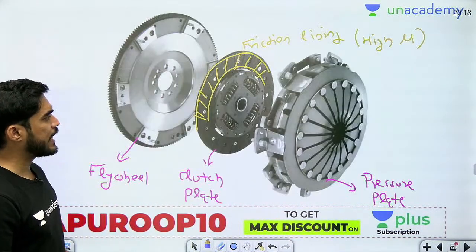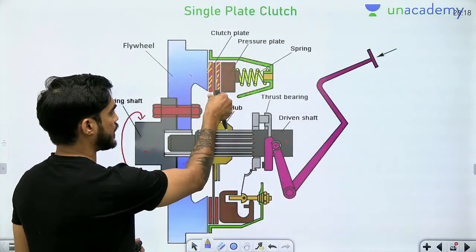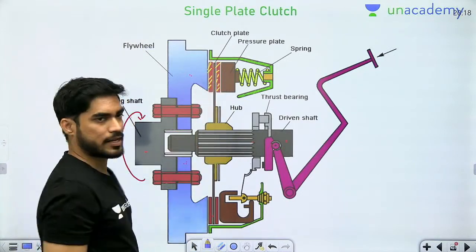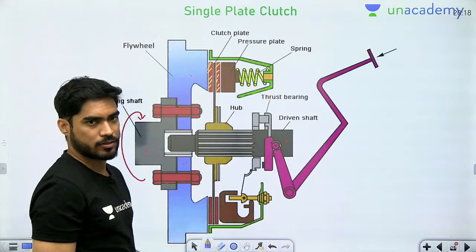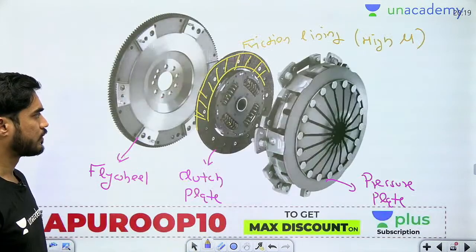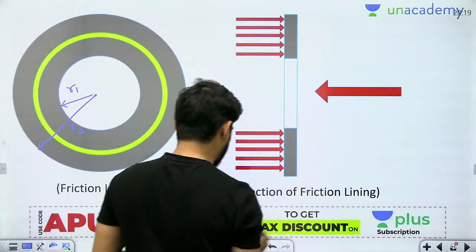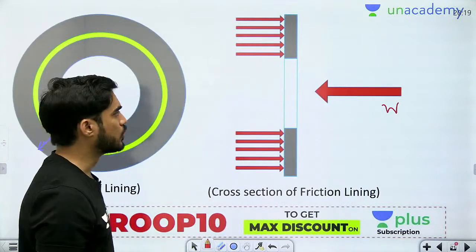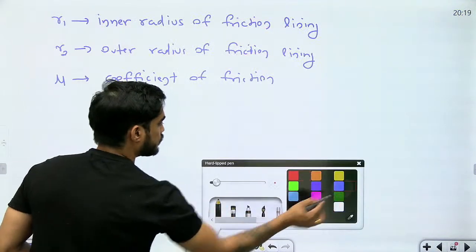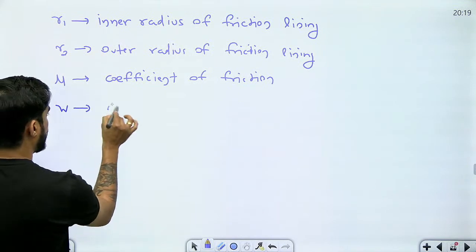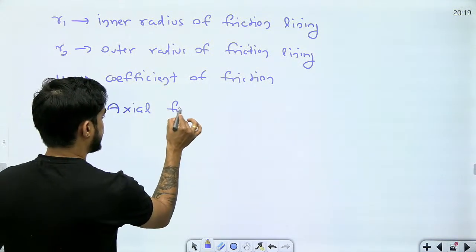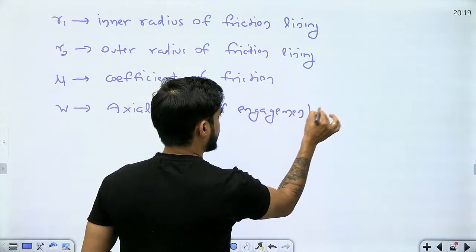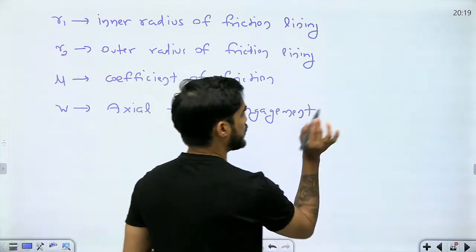In order to engage the clutch plate, the pressure plate is applying some pressure, and in order to apply pressure on the pressure plate, the spring is applying some force. Let's call this force W. What is W? W is the axial force of engagement applied by the spring.